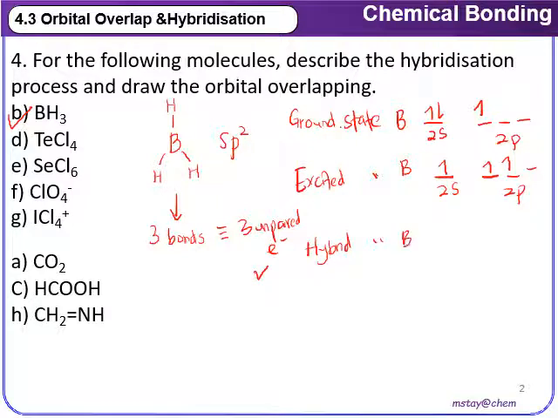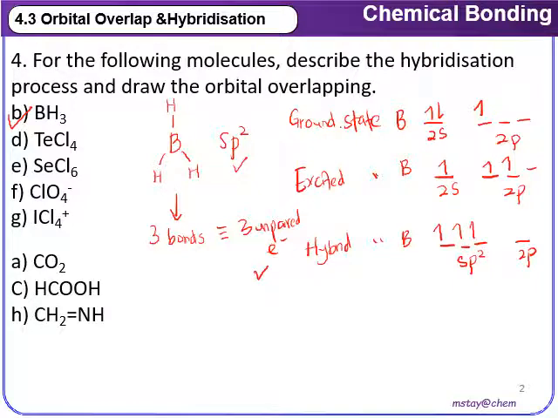For the hybrid state, based on the type of hybridization here, sp2, it means that we are going to mix 1 s orbital and 2 p orbitals. Therefore, here we will label it sp2. At the 2p orbital, we still have 1 unhybridized 2p orbital. And each of the sp2 orbitals is going to have 1 electron.